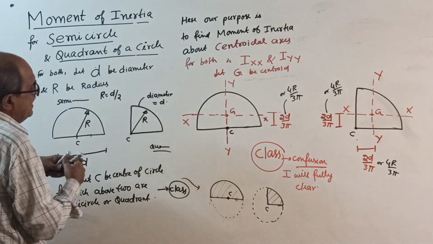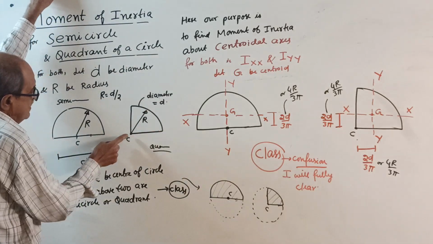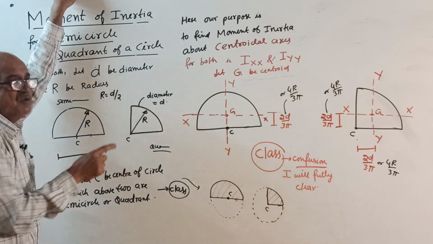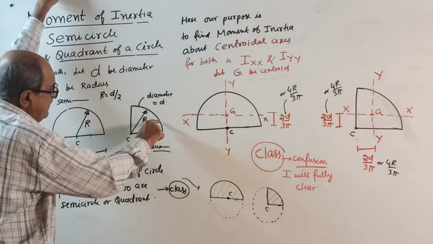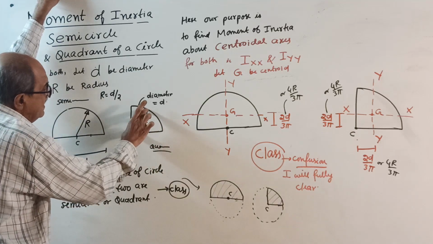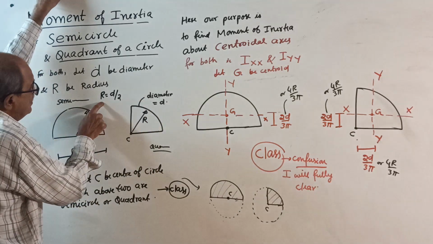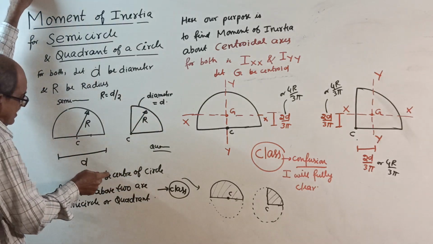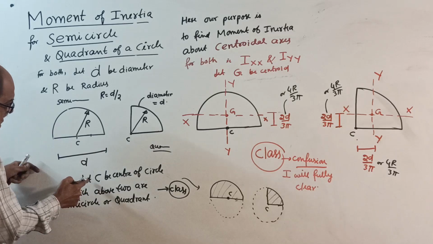If you take a quadrant of a circle, then this is the quadrant with diameter d. You cannot see the diameter, but the diameter is there. The radius is r, and there also radius equals diameter by 2. I will tell one more thing.